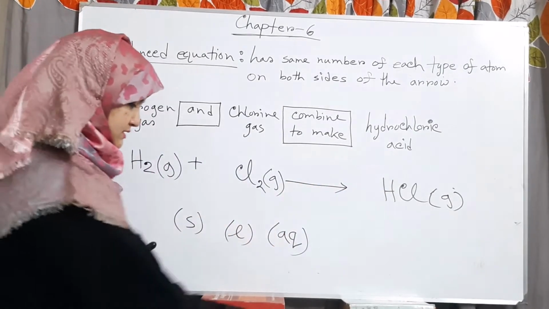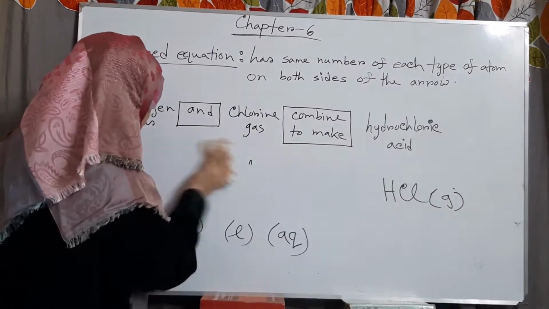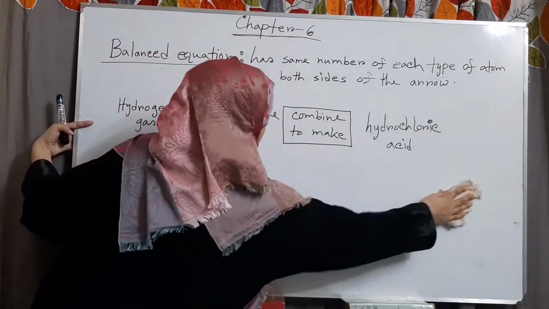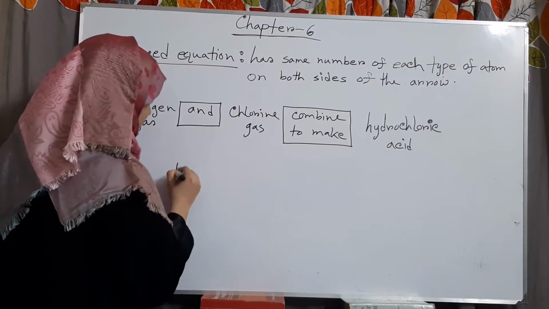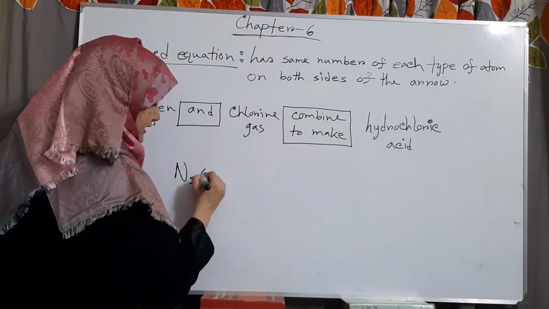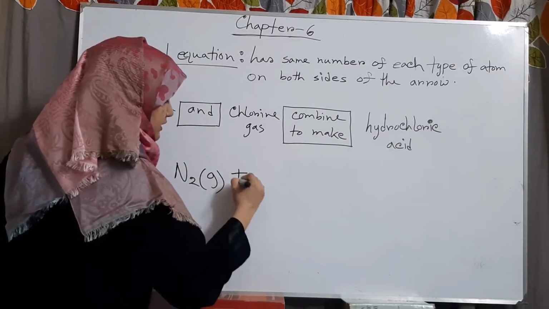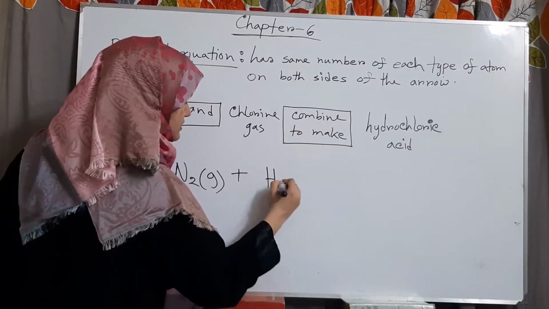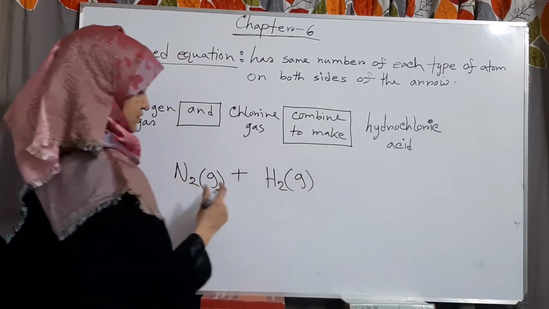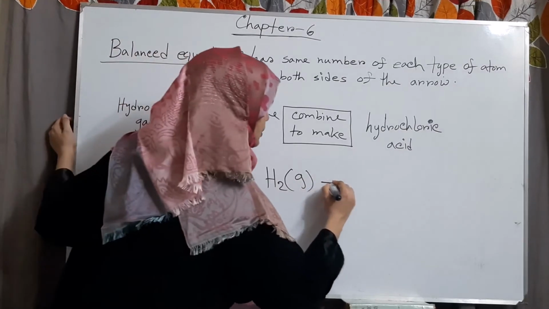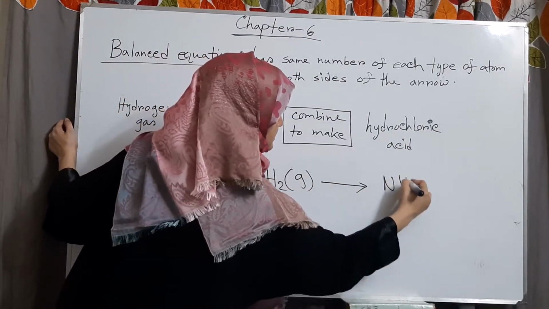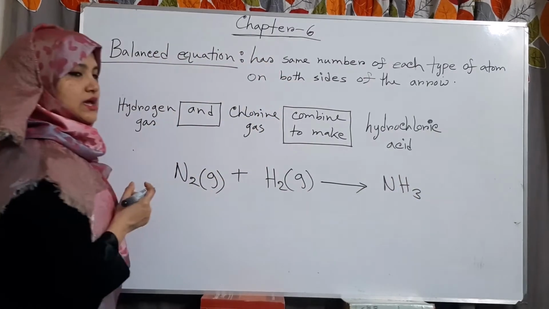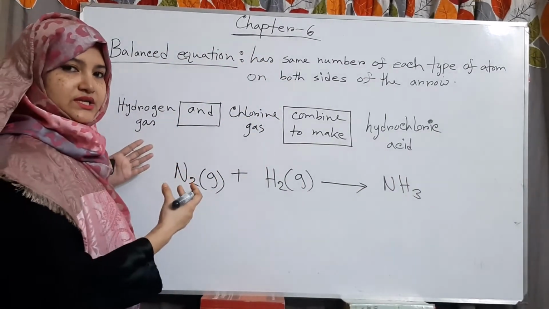Suppose, for example, we can write the ammonia production. Nitrogen gas and hydrogen gas react with each other, and then ammonia gas is produced, and this is an exothermic reaction.